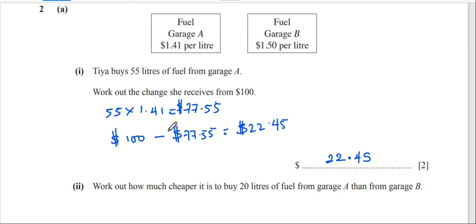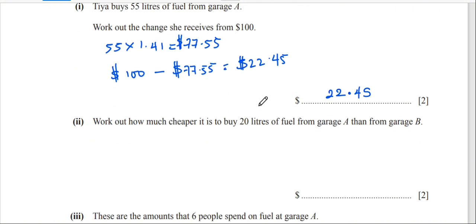So all we need to do is to find the amount of 20 liters of fuel in garage A and the 20 liters of fuel in garage B. So this is our A here. So garage A, we have 20 times 1.41. Then garage B, we're going to have 20 times 1.50. So here will give us, sorry, 28.2.